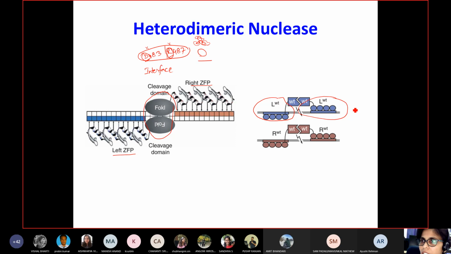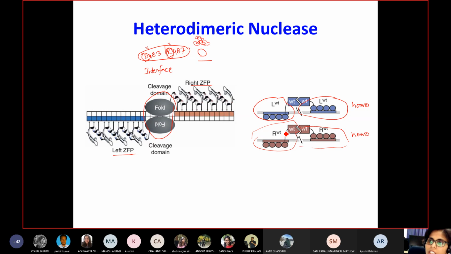That means you are able to form homodimers because the other interfaces are also present. The right zinc finger proteins can also form homodimers, and they are also able to cleave. This kind of question nobody asked, right? Although you asked it, it was not specific to this question.